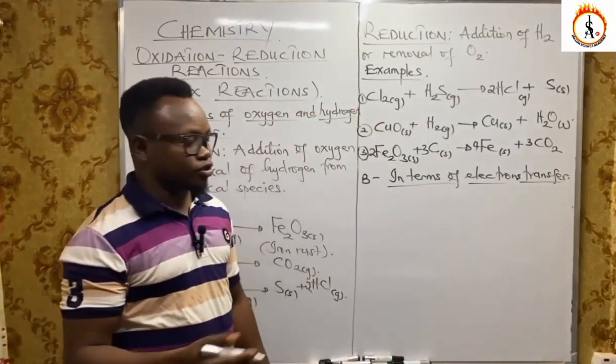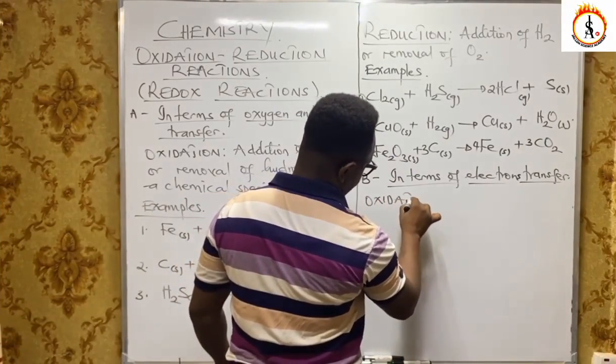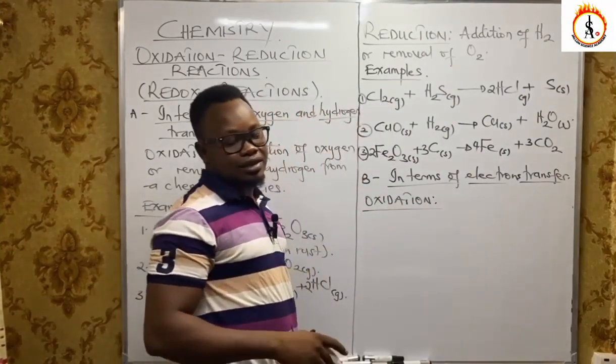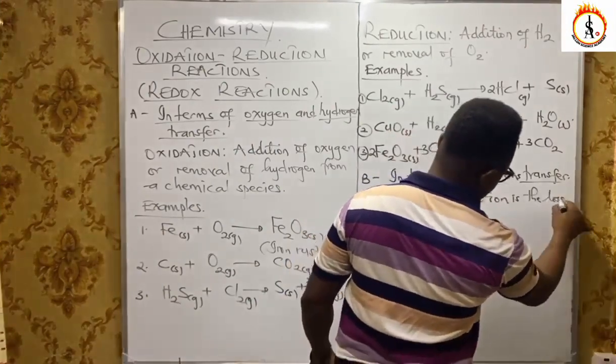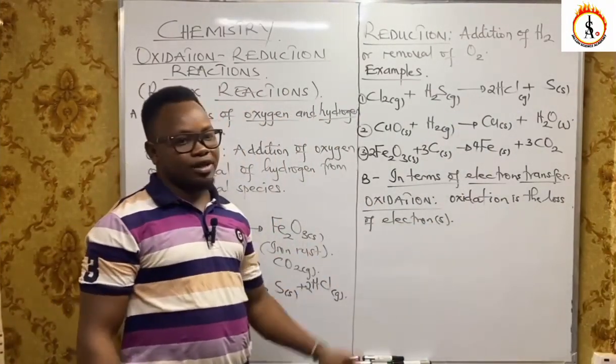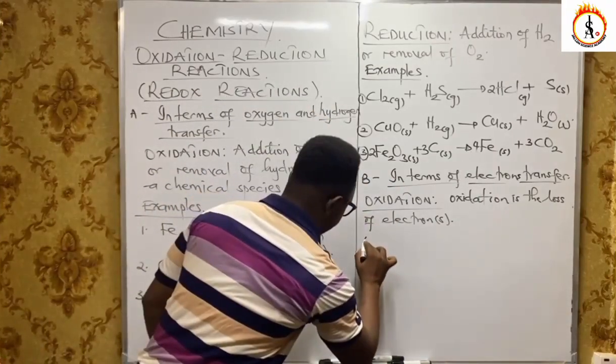Now, in terms of electron transfer, oxidation can be referred to as the loss of electrons. The loss of an electron or electrons is referred to as oxidation. Okay, let's look at some examples here.